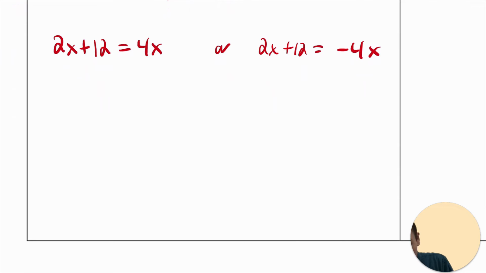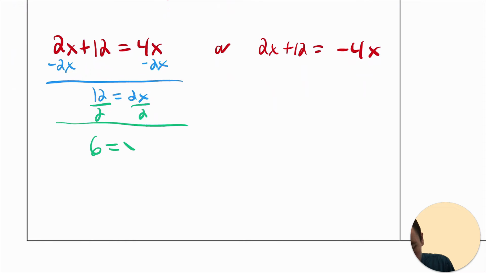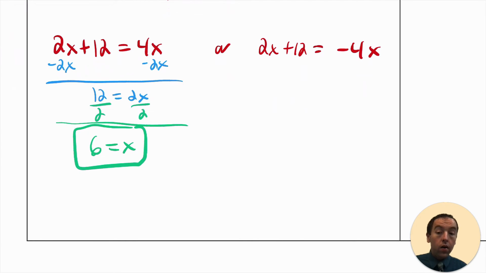So with the first one, how about subtract 2x? That means that 12 is equal to 2x, and then we can divide by 2, and that's going to give us 6 equals x. So that's a candidate, I'll call it, not necessarily an actual solution until we check it. And then we'll go to the second equation we set up there.